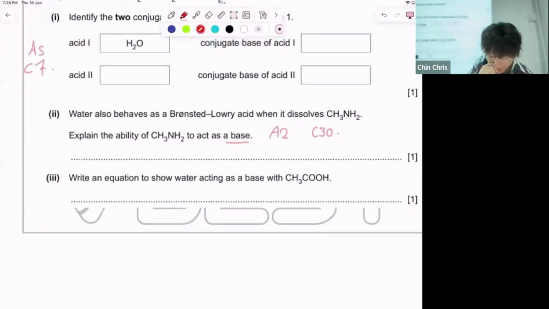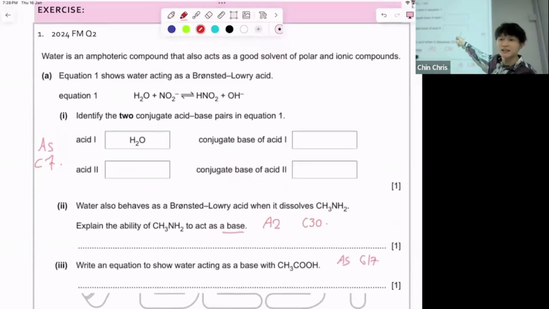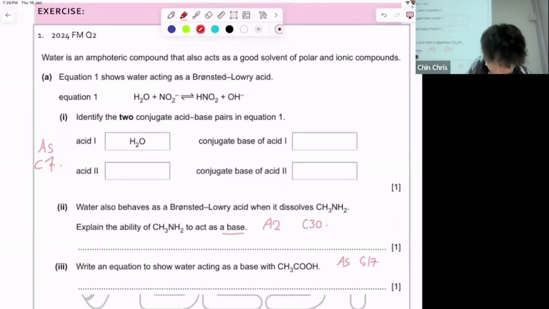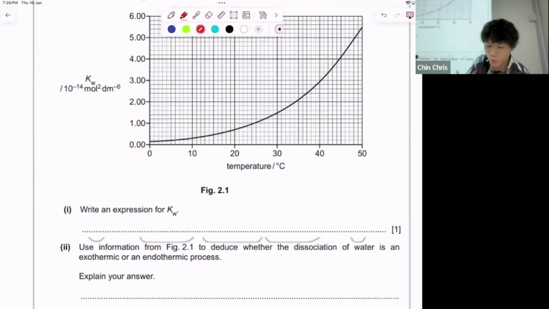Write an equation, water acting as a base. This water as a base is AS chapter 17. So guys, you see, you still need your AS knowledge. This entire question is AS. Next part, page 1. If you get this wrong, that means you never focus in my class. We just did this.